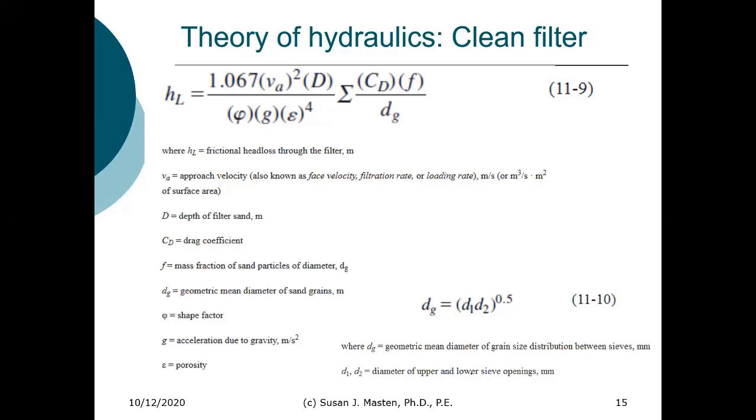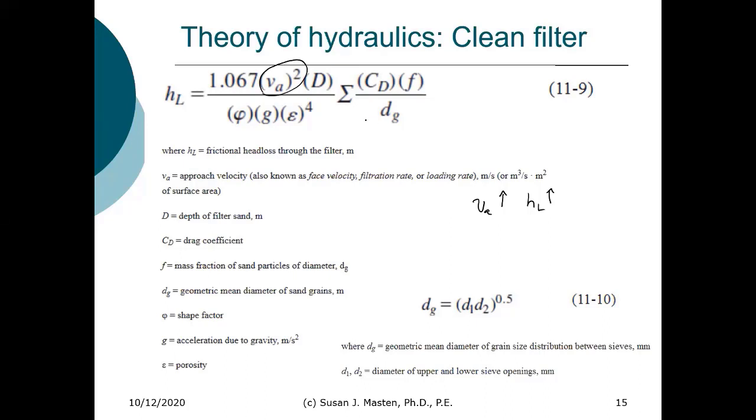Number of things I'll mention. I'm not going to go into this in any great detail, but I want to mention a few things. One, as the approach velocity, also referred to as filtration rate, face velocity, loading rate, increases, your head loss increases. And notice, because the approach velocity term is squared, small changes in the approach velocity greatly impact your head loss.